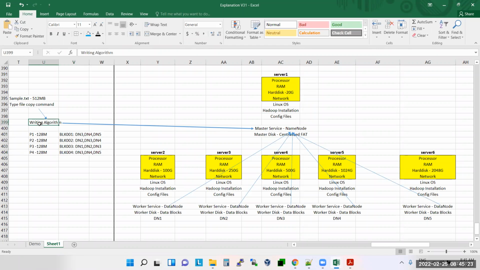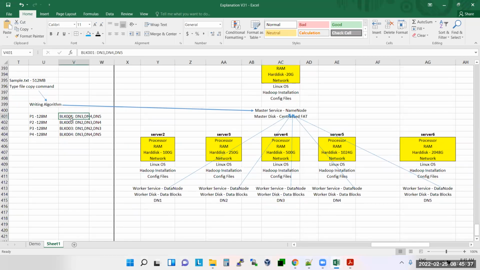The writing algorithm will give this 128 MB piece to these 3 data nodes, and each data node will write BLK001, 128 MB, to its hard disk. Next, BLK002 goes to 2, 3, 4.